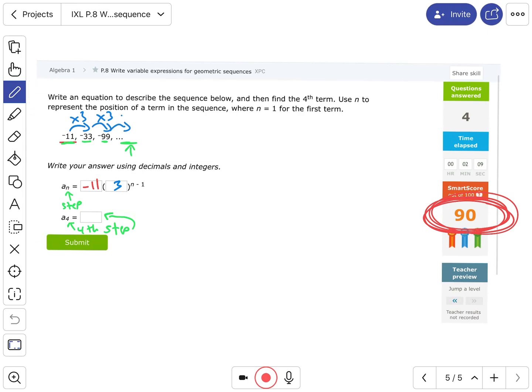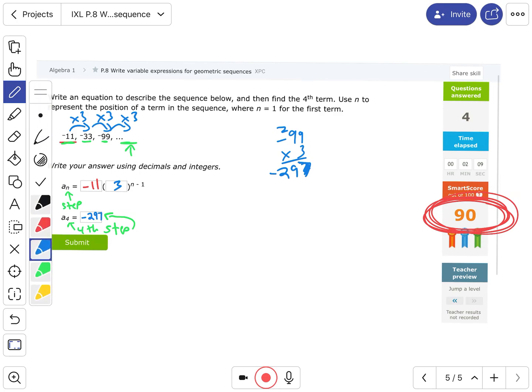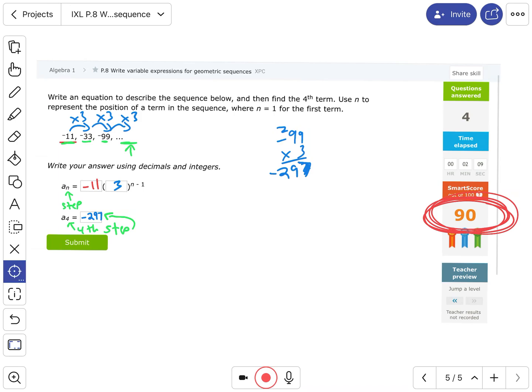So in order to get that, we have to multiply by another 3. Let's see, negative 99 times 3. That's 27, and then 27, 28, 29. And that'll be a negative. So this would be a negative 297.